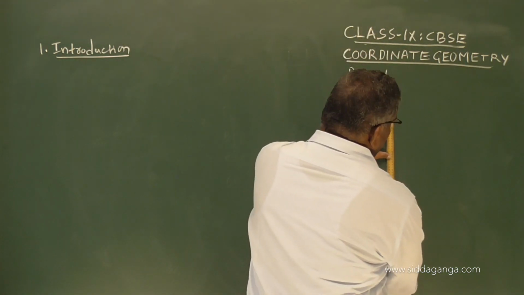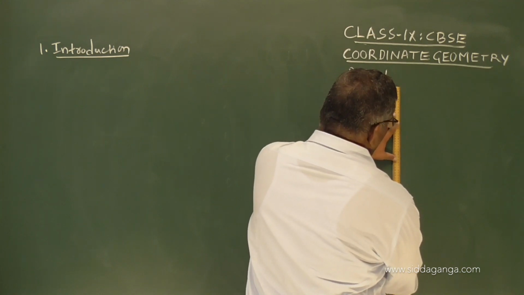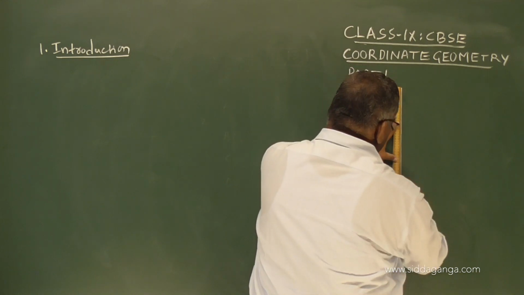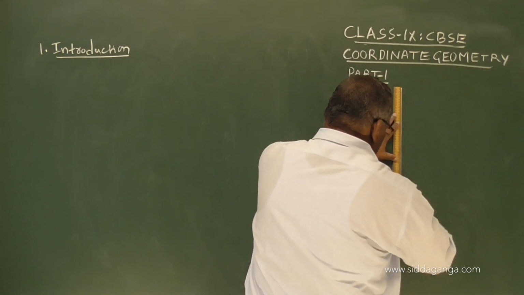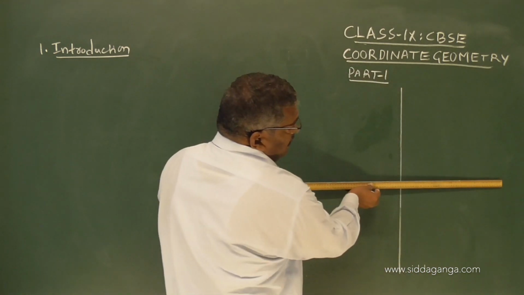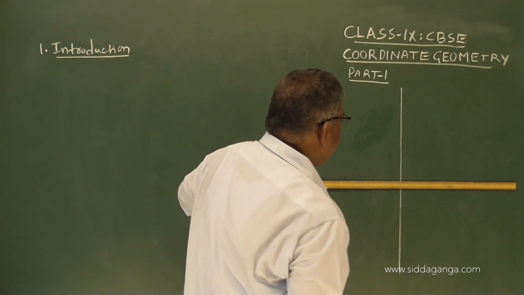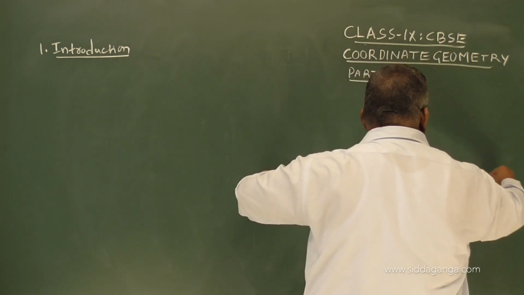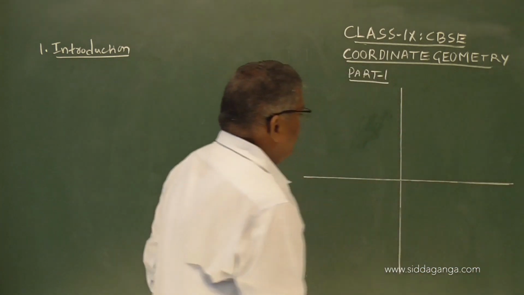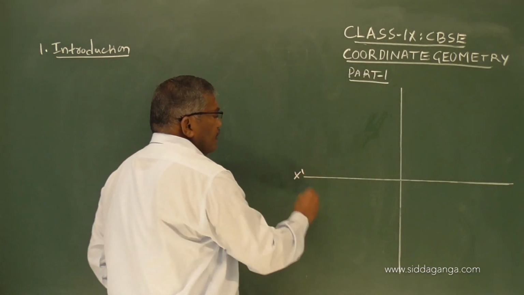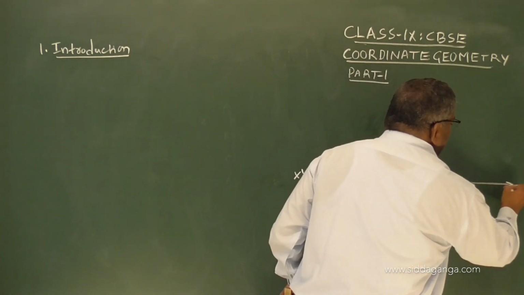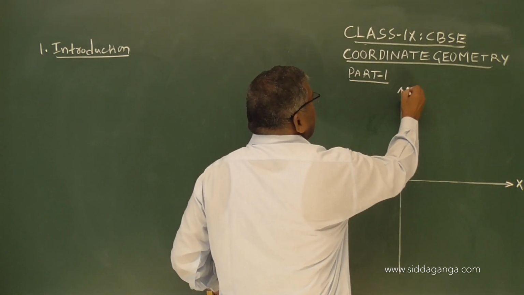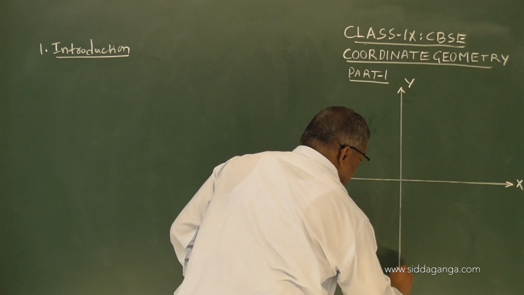You understand this. What we do is, for those references we use two number lines which are placed perpendicular to each other. One is vertical and another one is horizontal. So we call this x dash x, and this is y dash y.